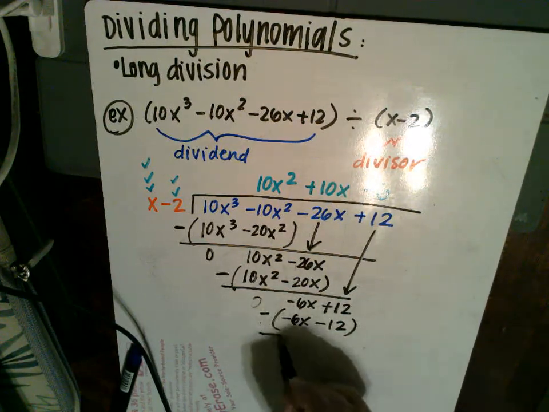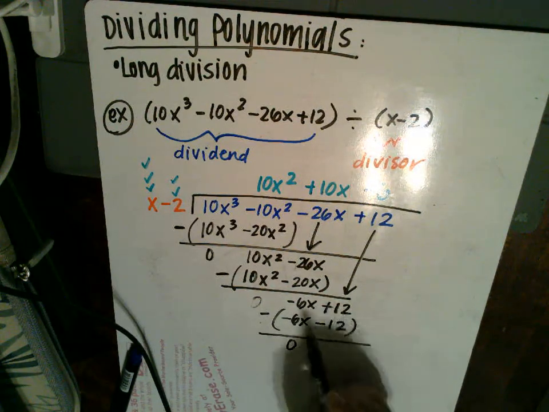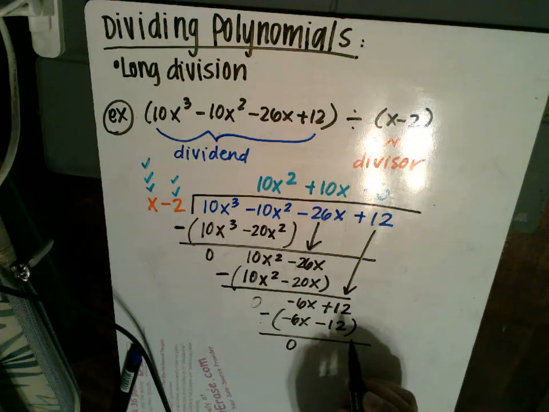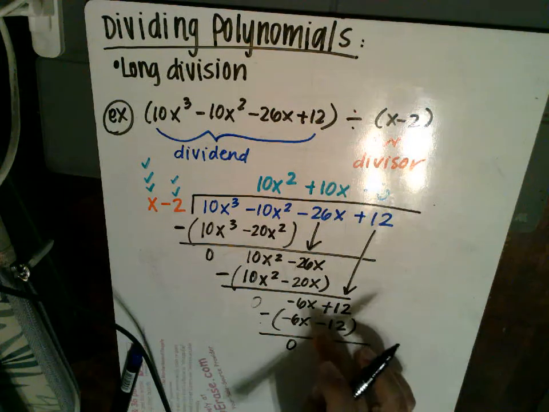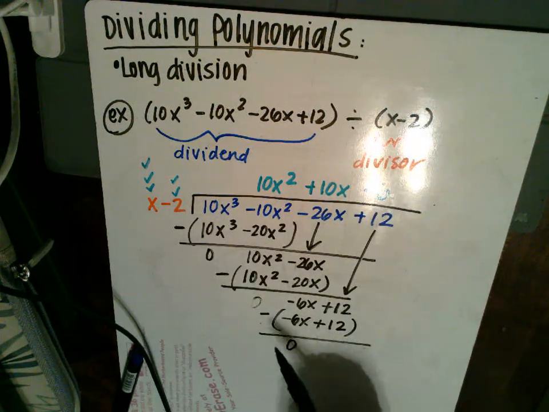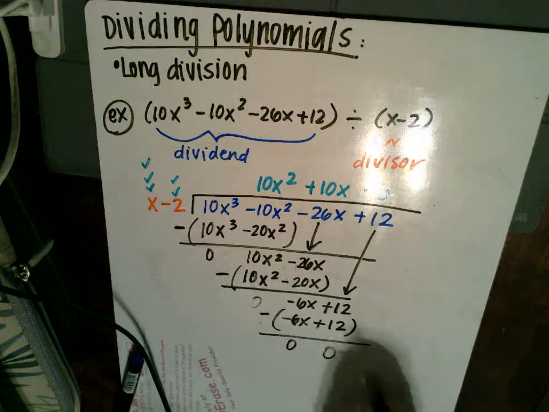Subtract off this polynomial. Negative 6x plus 6x is nothing. 12 minus, this should be plus 12, sorry. A negative times a negative is positive. 12 minus 12 also gives me 0.